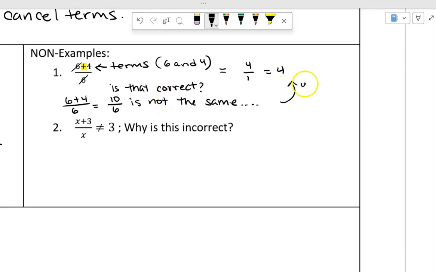Therefore, this is wrong. And we cannot cancel terms. So if you take a look at number 2, a common mistake would be to cancel out the x's on top and bottom and say the answer is 3, but that is incorrect. The reason it's incorrect is x and 3 are terms on top.